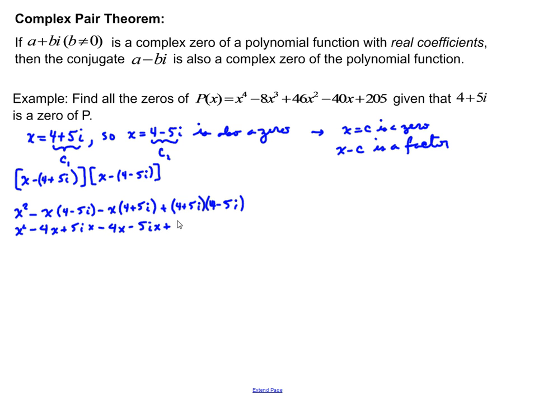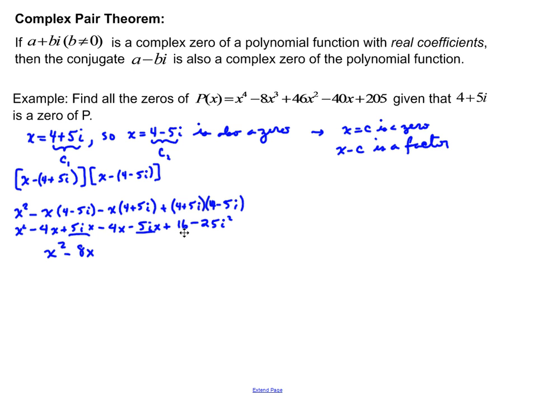And then we have a little bit of complex multiplication to take place, but that's easy, right? Because we're going to have 16 minus 20i plus 20i, so middle terms will drop out, minus 25i squared. Well, our terms with i drop out. So we're left with x squared minus 4x minus 4x, so that's minus 8x.